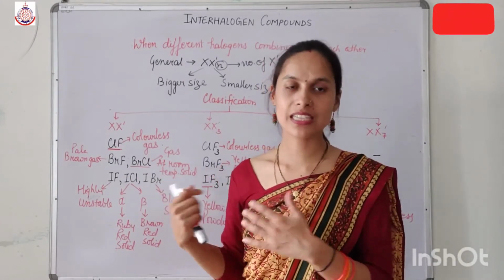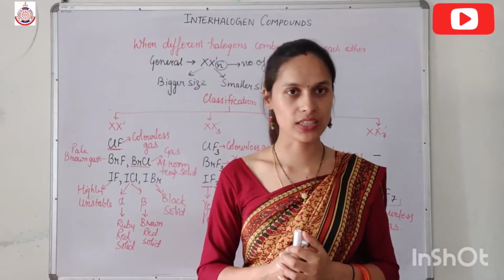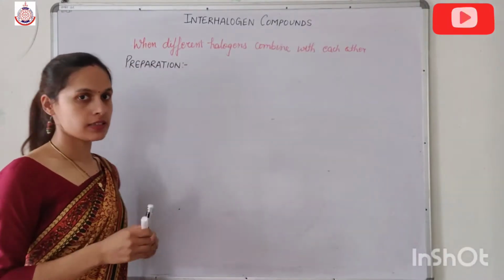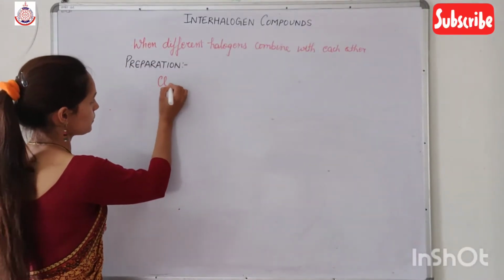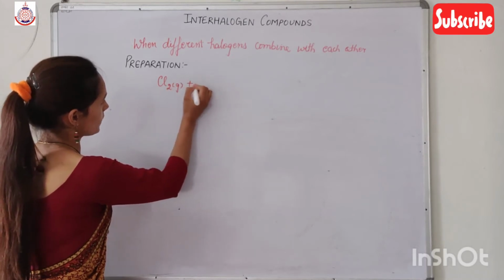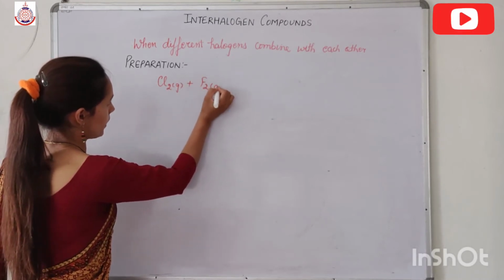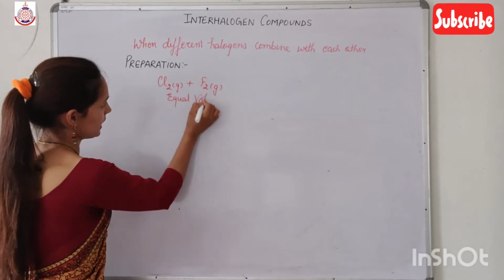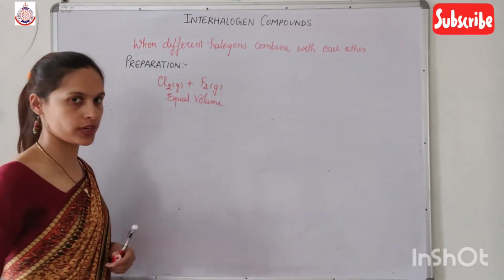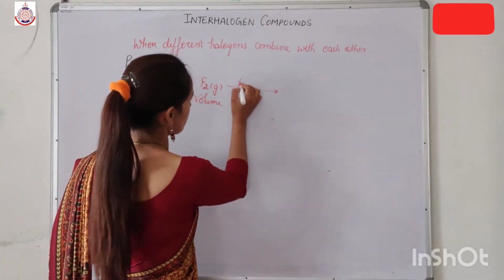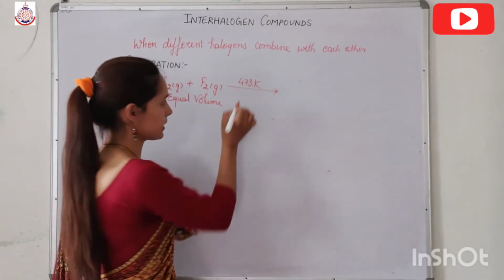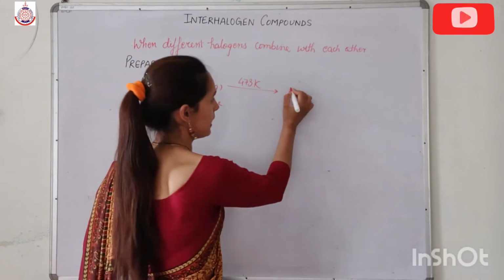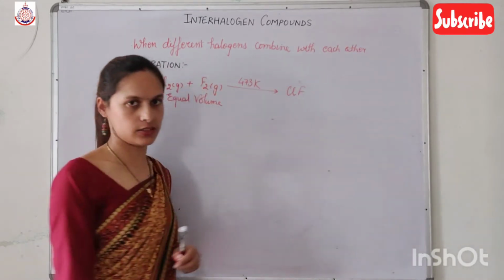So now we will see the preparation of the interhalogen compounds. Suppose Cl2 gas reacts with F2 gas. If I take equal volumes of chlorine and fluorine and keep the temperature at 473 Kelvin, then I get chlorine fluoride, ClF.